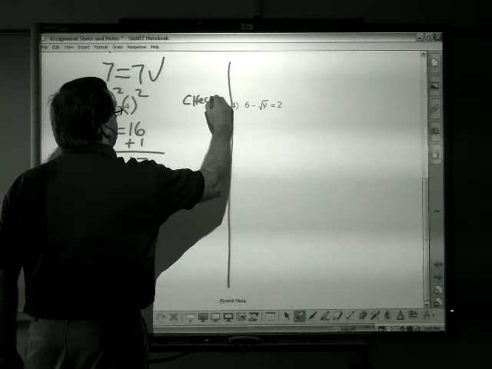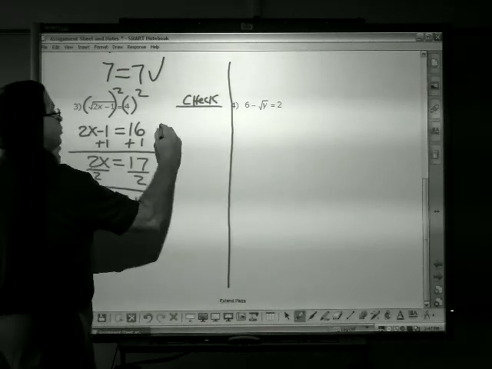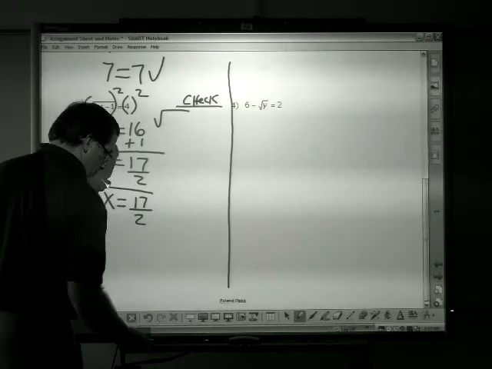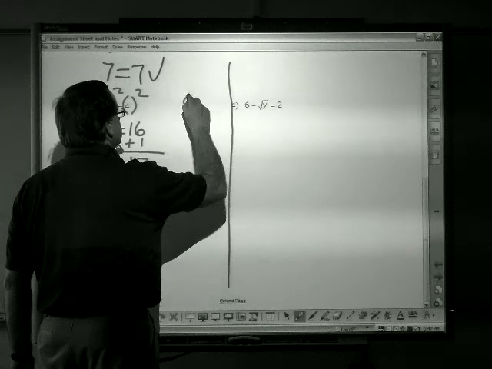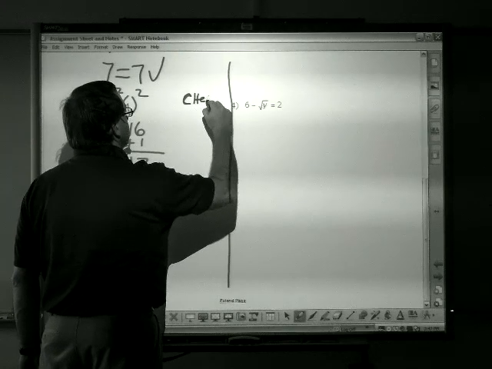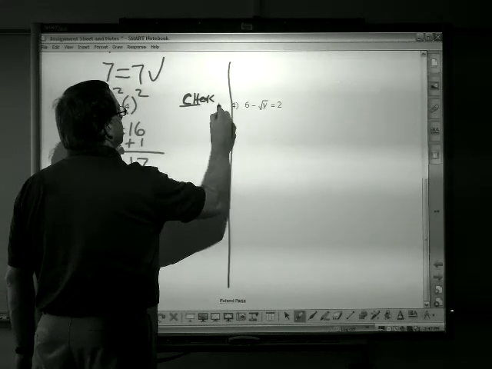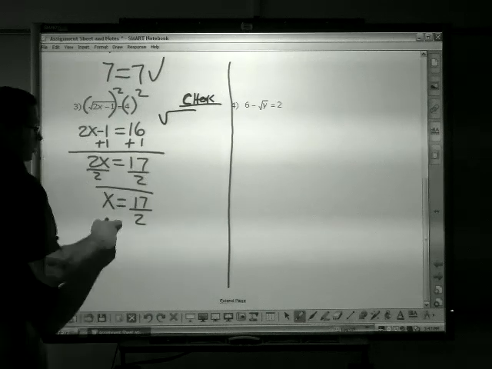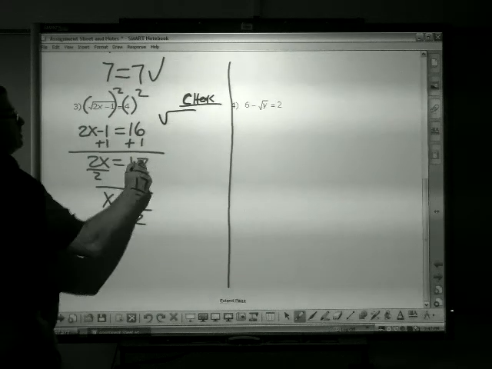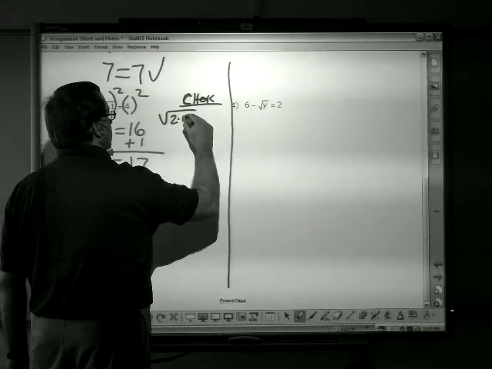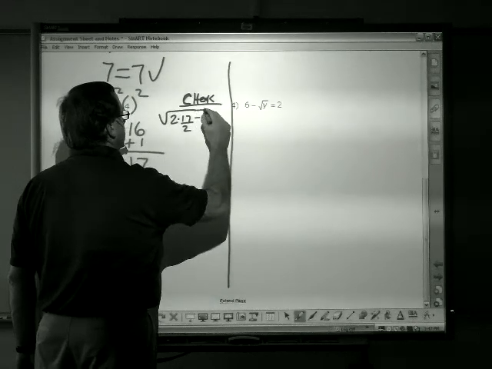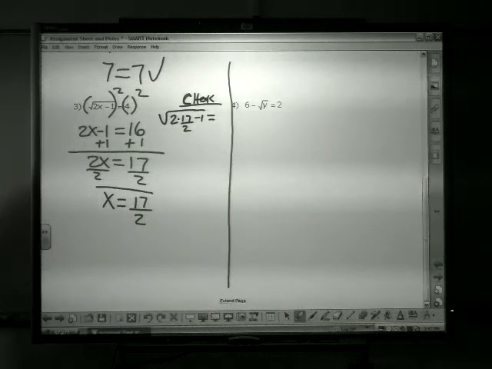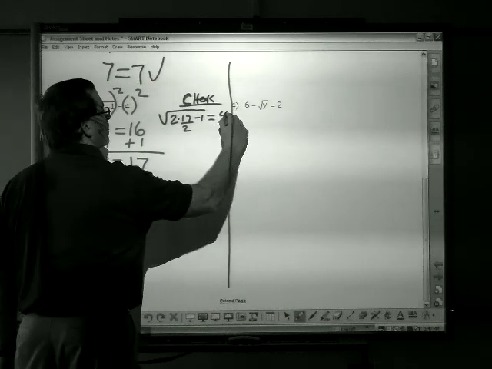So here's my check. So I have the square root of 2 times 17 over 2 minus 1. And I want to know, does that equal 4?